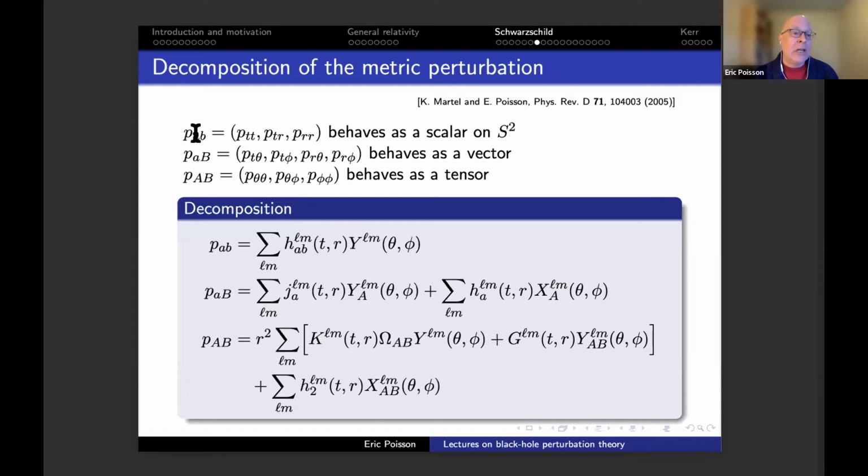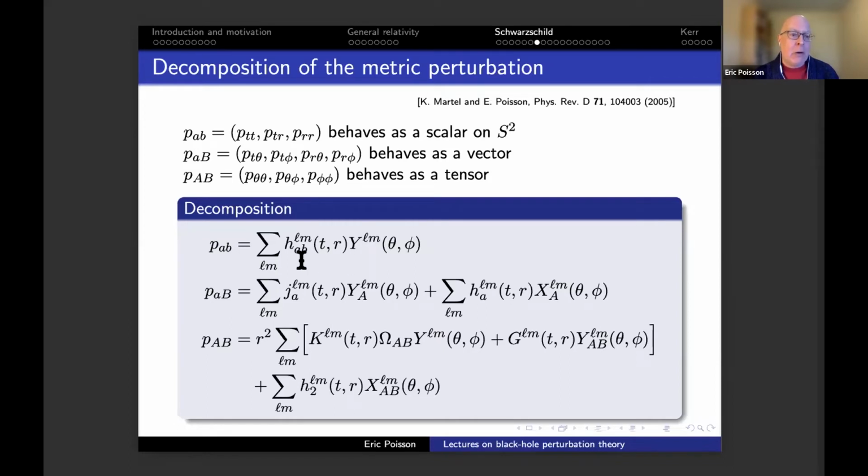So basically, those are indices that span the time direction and the radial direction. The coefficients that I introduce in front of the spherical harmonics are going to be my reduced perturbation variables. They're going to be what remains after I've decomposed everything in spherical harmonics. And I'm going to have one such quantity per l, m, because, of course, that's the functional aspect of the decomposition. So we get an infinite summation over all values of l and m as we expand in spherical harmonics.